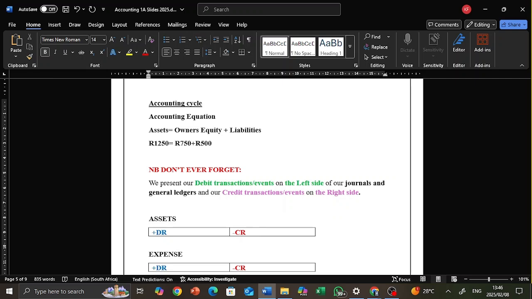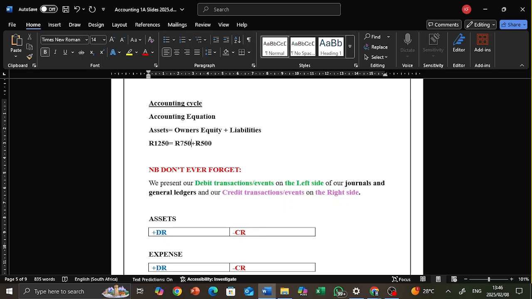Let's say we purchase, easiest one, a delivery vehicle worth 120,000 Rand, right? Our equity should increase by 120,000 Rand because our assets have increased for that value. Okay?